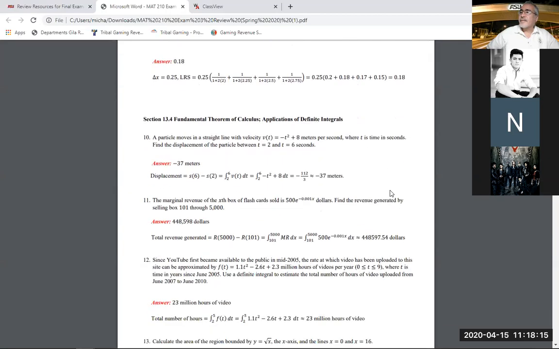And when is our final again? It is Thursday, May 7th at 7 o'clock or 7:15. I think it's either 7 o'clock or 7:30, because it's based on a common final time. So it has nothing to do with when class meets. It's just all the 210s are supposed to be having their tests at that time.